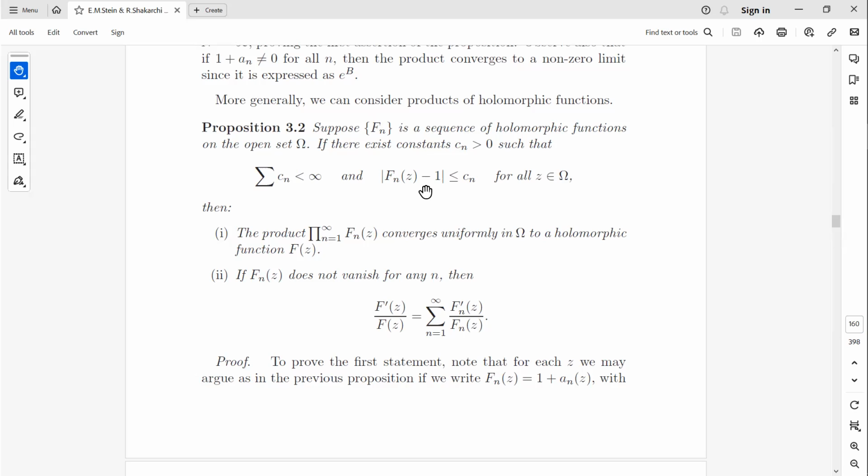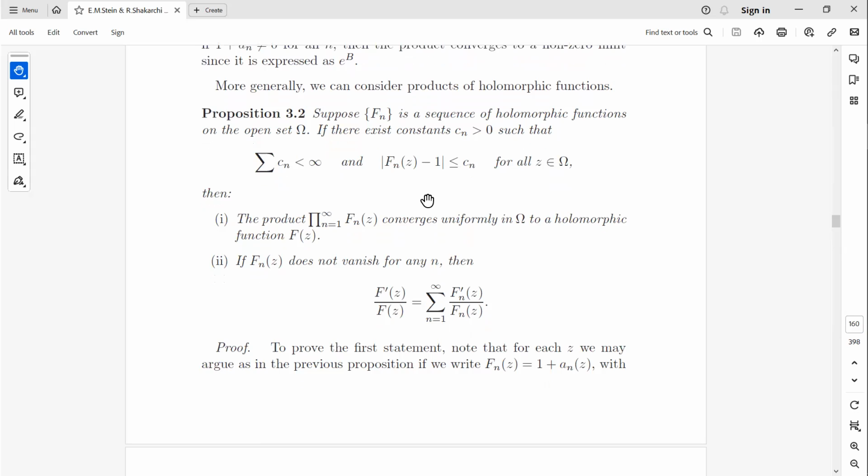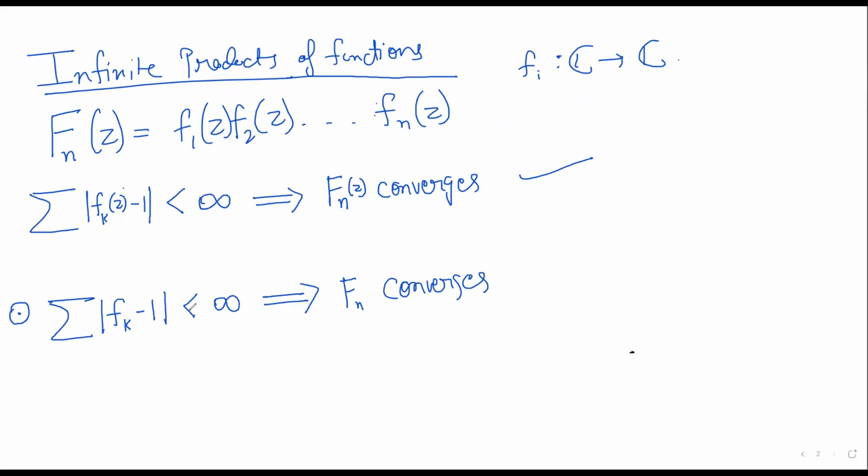Yeah, this is a stronger condition, right? So I'll just tell you what this is compared to my thing. What I wrote is this.